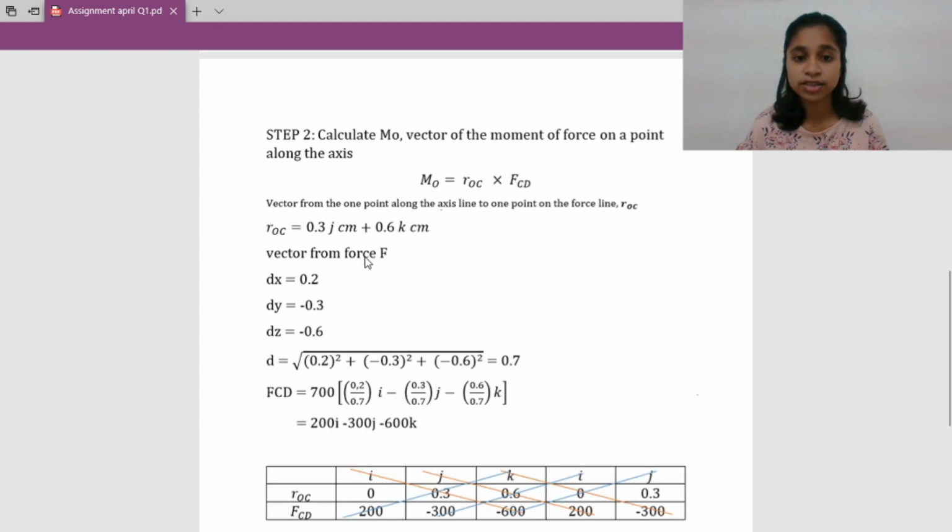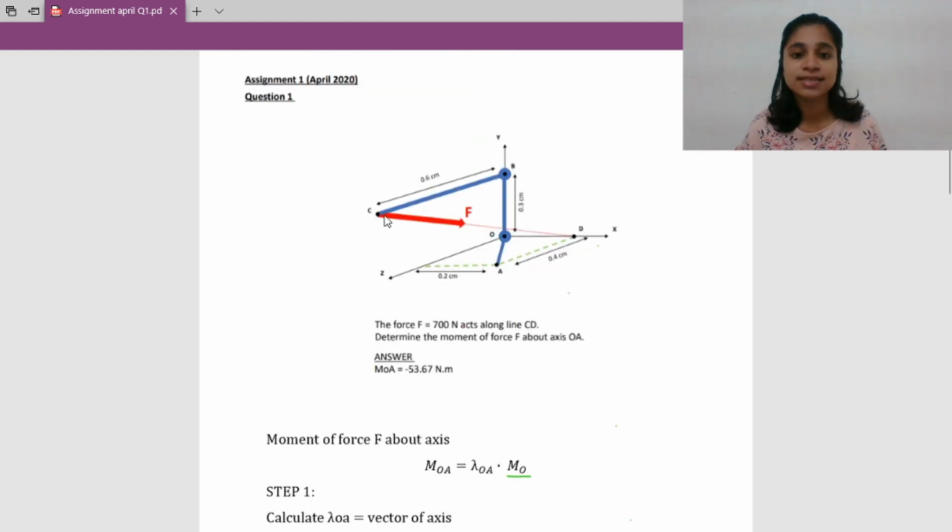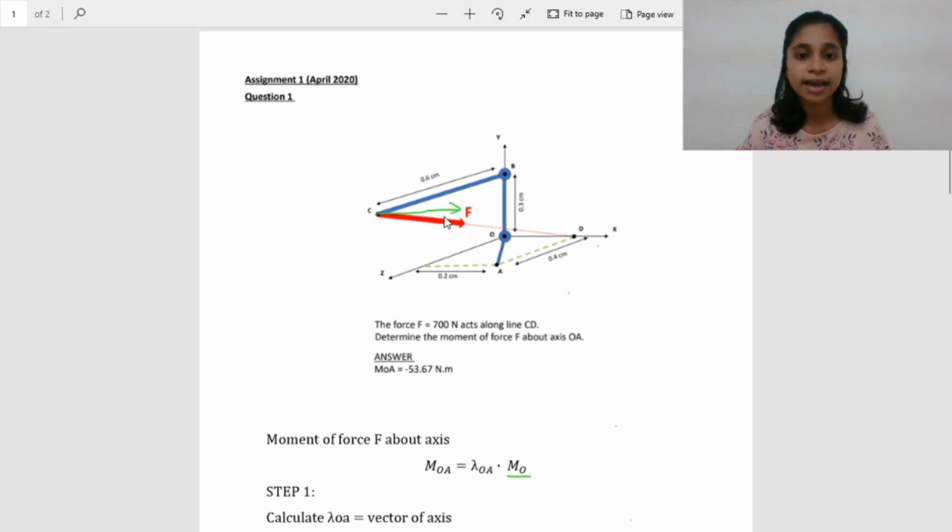We have to find the vector of force FCD using the coordinate method. So we have to know the coordinates x, y and z. This is the F acting on line C to D. So how we find the coordinates: the dx is 0.2, the dy is negative 0.3 because it's moving downwards.